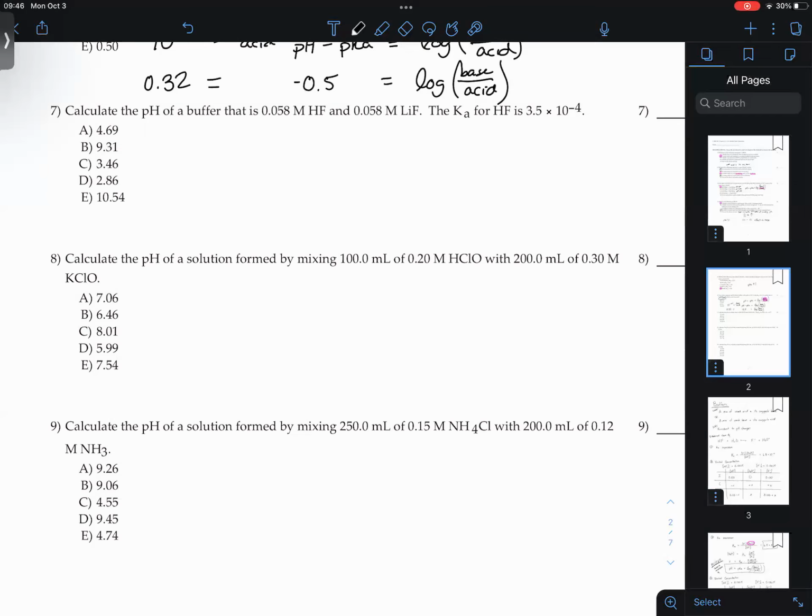So now I want everybody to take a second and do problem 7. And I'm going to open up the iClicker to see if we can all get the right answer here.